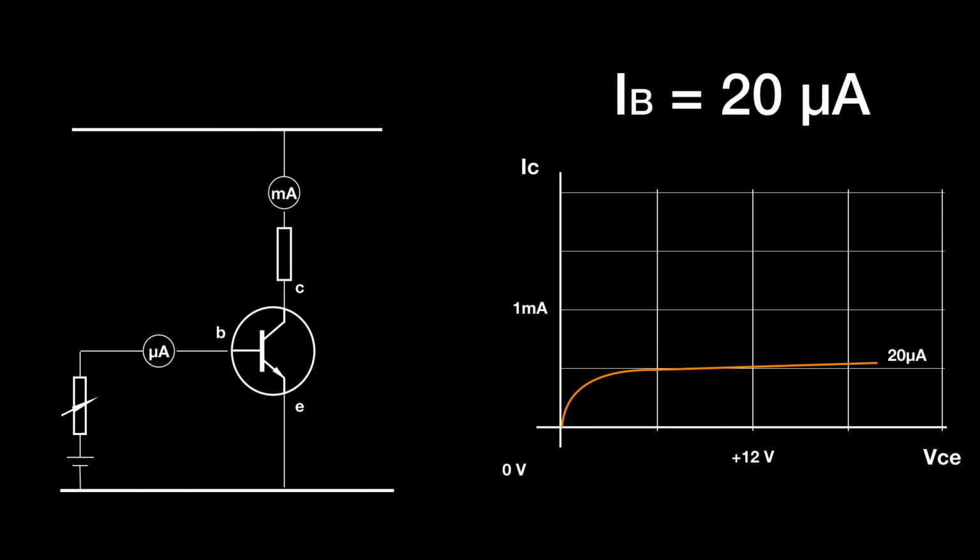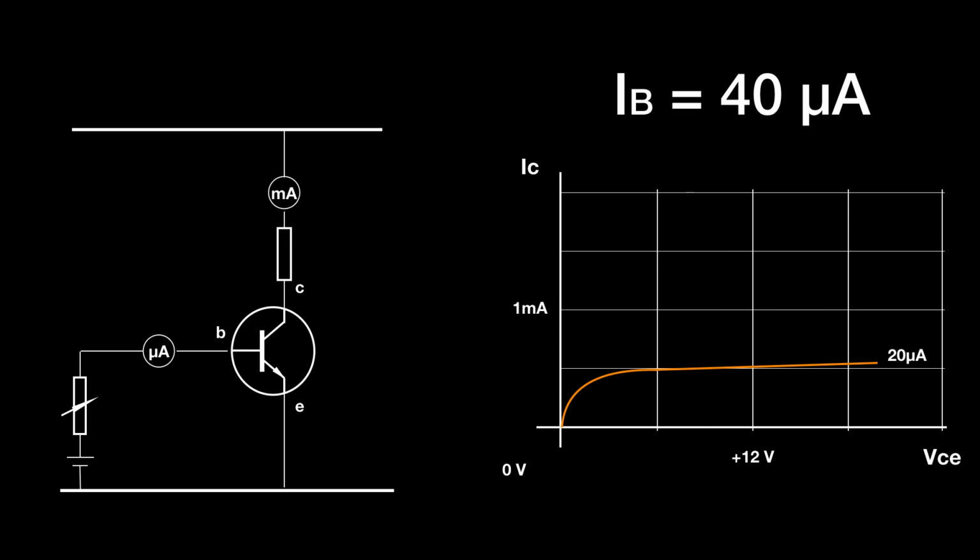And we need some sort of voltage across the collector emitter circuit because otherwise the charge carriers going into the base don't get hoovered up by the collector, and therefore no collector current will flow. But that happens very, very early on with very small voltages.